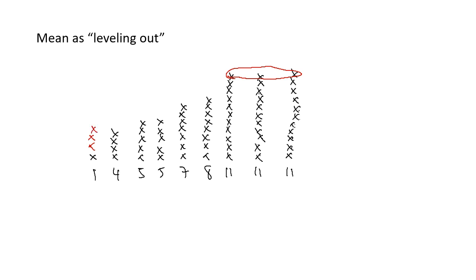So now I've made these a little bit shorter and I made this a little bit taller. And I could take these 2 and move them here. So now they're the same height as these 5. And I could take these 4 and move them here. 1, 2, 3, 4. And so now these are all the same height.